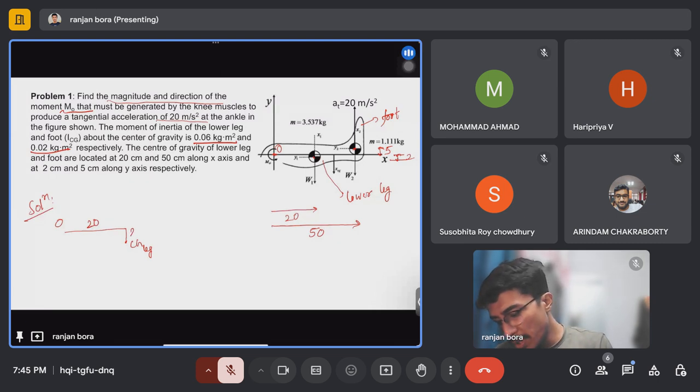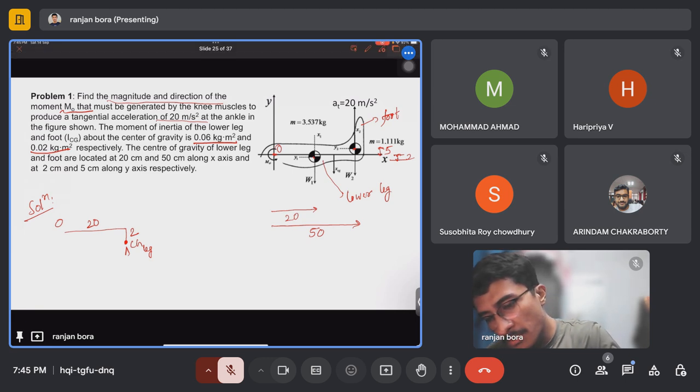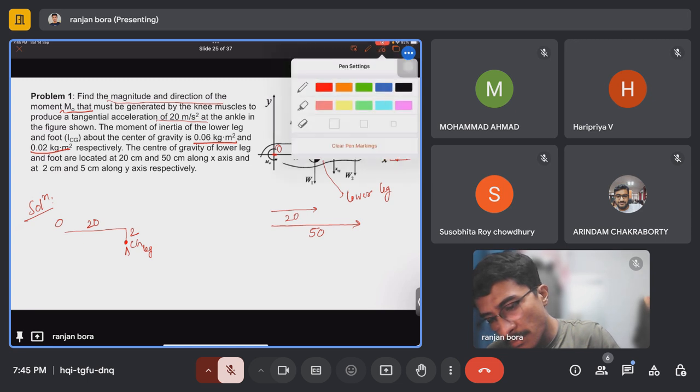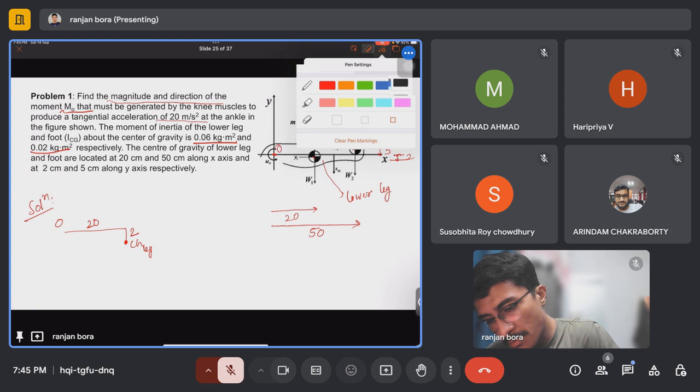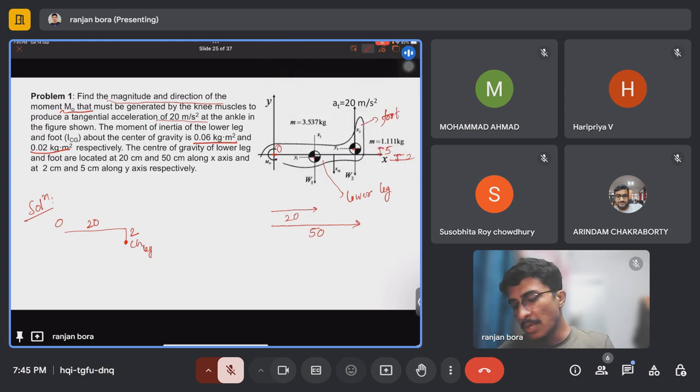So we know the moment of inertia about this point, CG, about the center of gravity of leg, lower leg. Now we need to find out the moment of inertia about point O.